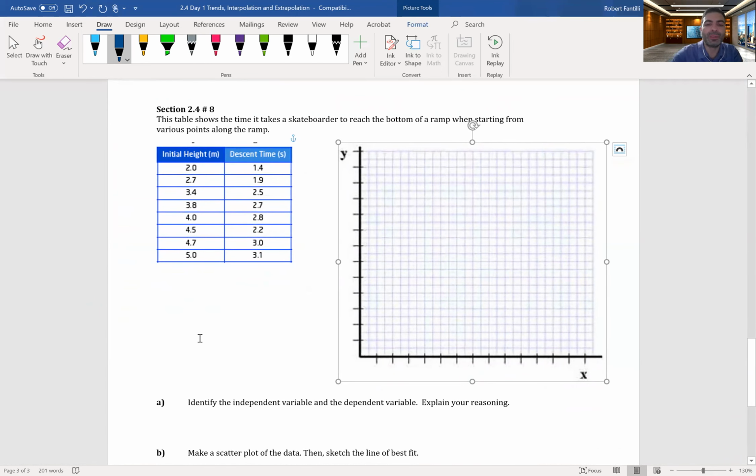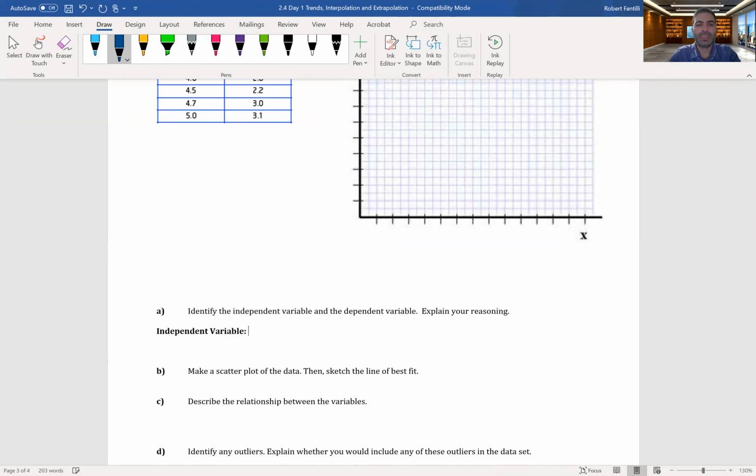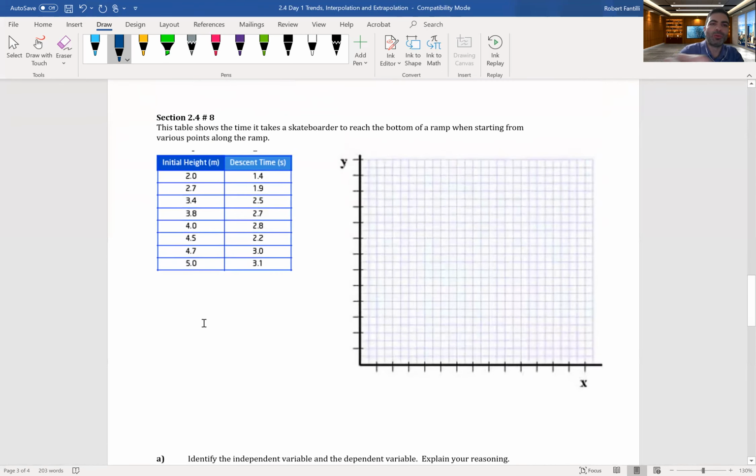The independent variable, remember I mentioned that almost always the first column that's given to you will be the X and the second will be the Y. And you might recall that the independent variable is the X axis, the dependent variable is the Y axis. So let's see if that makes sense here. The initial height, in this case, will go on the X axis and descent time on the Y. That means that the descent time, the time it takes you to descend the ramp, depends on the initial height, how far up the ramp you started.